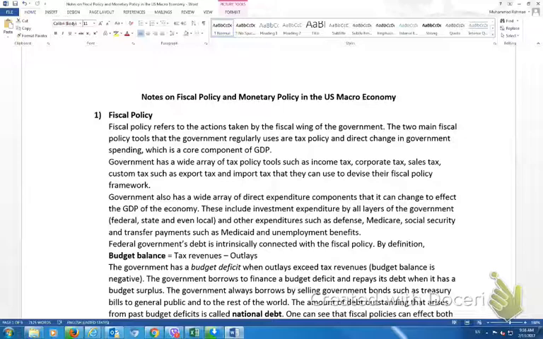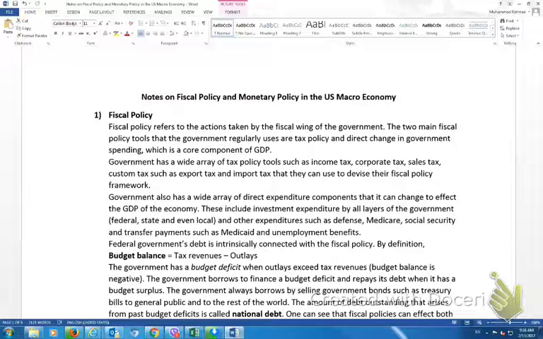A discussion about government expenditures or government in general cannot really be complete if we do not talk about the budgetary process and an important issue called national debt, because national debt is regularly discussed in political discourse. So let us start with defining something called budget balance, which is the difference between tax revenue and outlays.